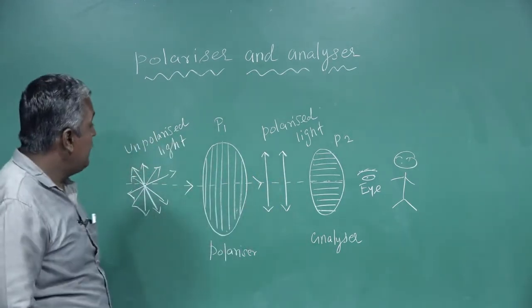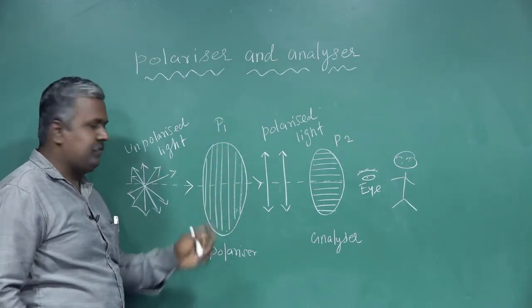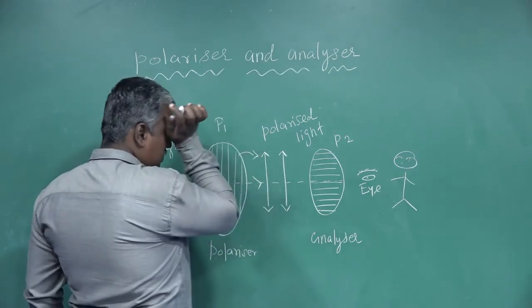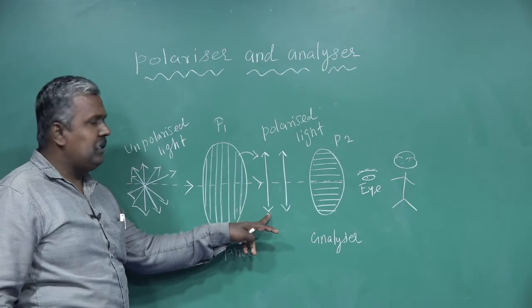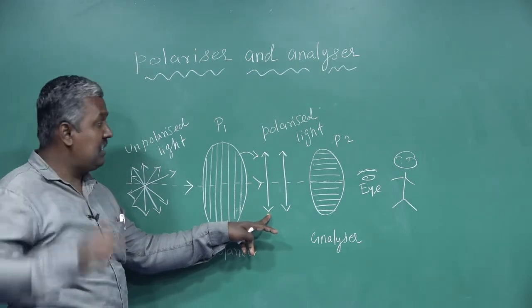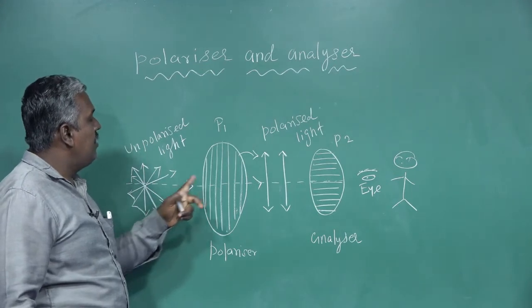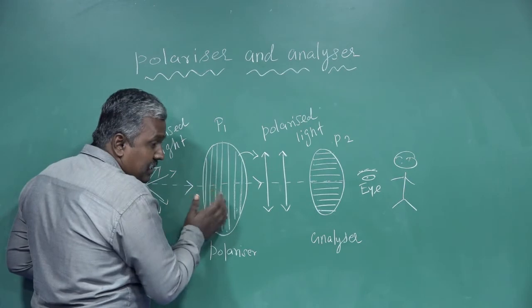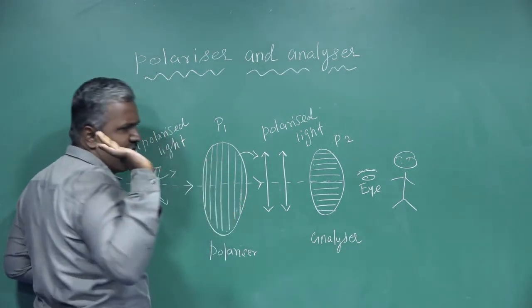It is allowed to pass through polarizer P1. Then the light coming out from the polarizer is called polarized light. What is the reason? When unpolarized light is allowed on polarizer P1, it restricts the vibrations to only one direction.